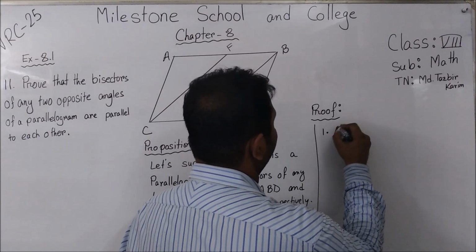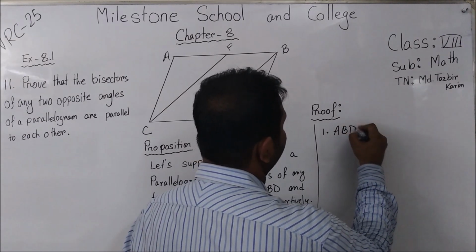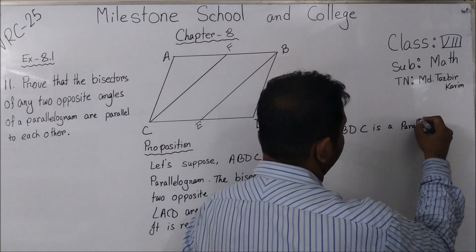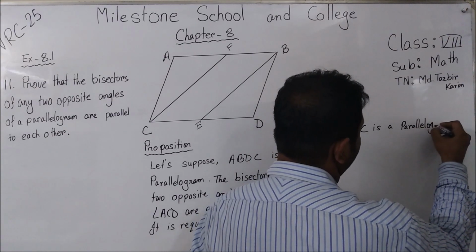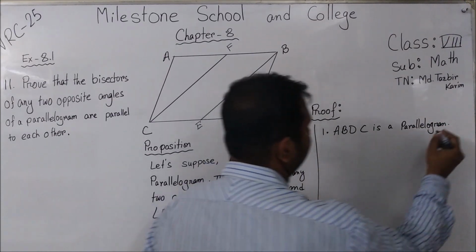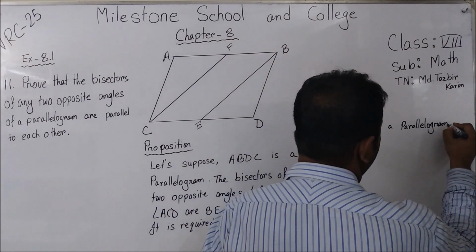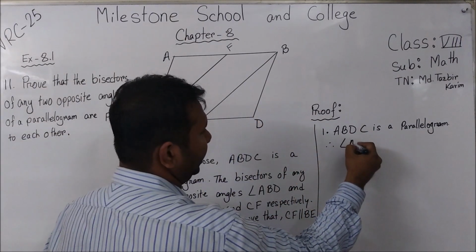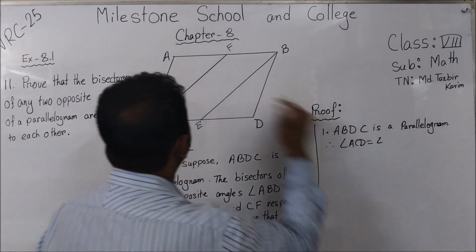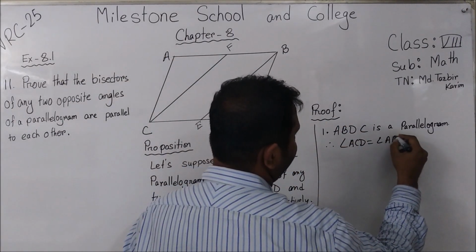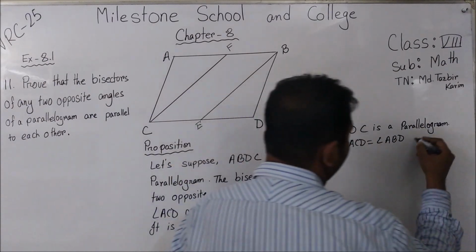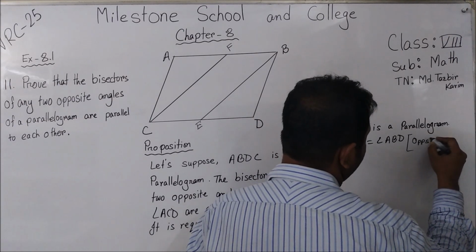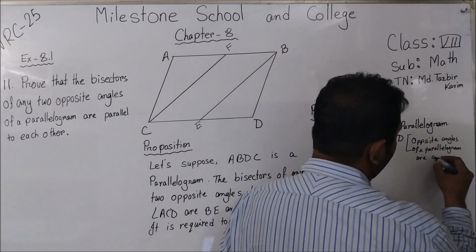You can see that ABDC is a parallelogram. So therefore we can say that angle ACD equals angle ABD. Here is a side note: opposite angles are equal.